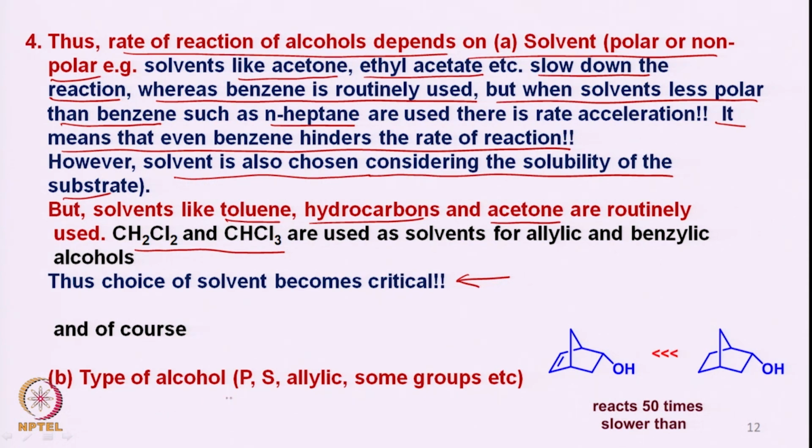As we discussed, it also depends on the various kinds of alcohols: primary, secondary, allylic, etc. And we have here one very interesting example, that this particular alcohol reacts 50 times slower than this alcohol.